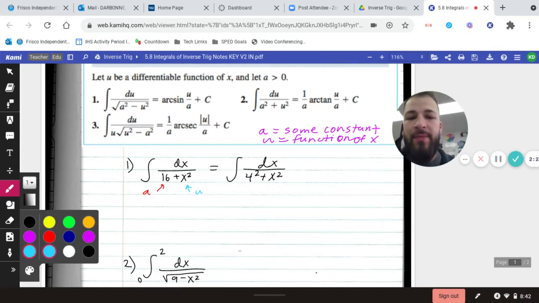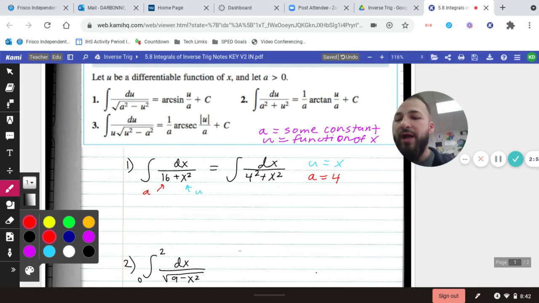So now I can see that my u is equal to x because it's u squared. So u is just x. My a is equal to 4. And I don't have to really go through the full process of u substitution because u is just x. The derivative of x is dx. du equals dx. I'm not going to get anything extra in here. So just like with some of those log ones that we'd see where it was just the basic u prime over u, this is just the basic du over a squared plus u squared.